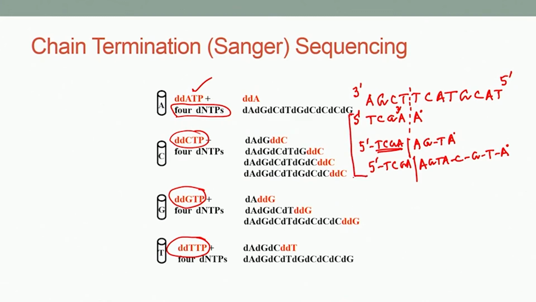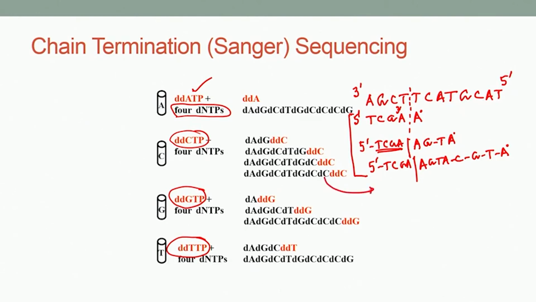So, in this way I can predict without writing, if you added ddCTP, how many pieces you will get. You will see where the G's are; at that point C will be taken up. So, if you add the ddCTP, I could see only one G after the primer. So, only when it is here, it will be taken up.